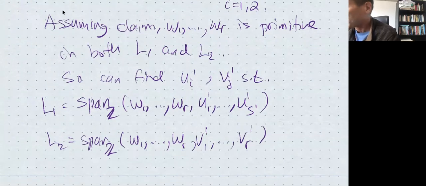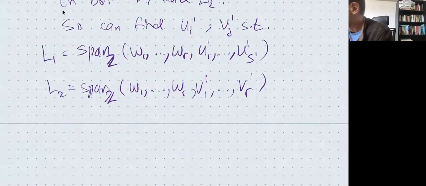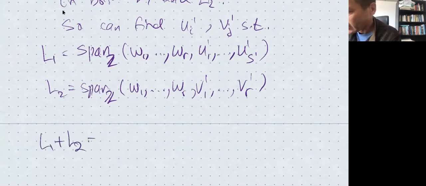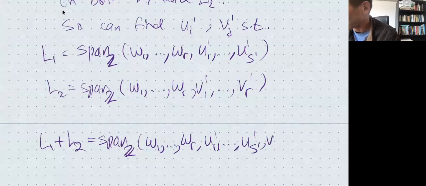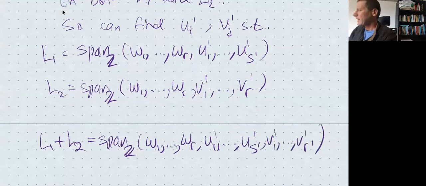And now I'm going to apply the previous result. So L1 plus L2 is the span over Z of W1 up to WR, U1 prime up to Us prime, V1 prime up to Vr prime.